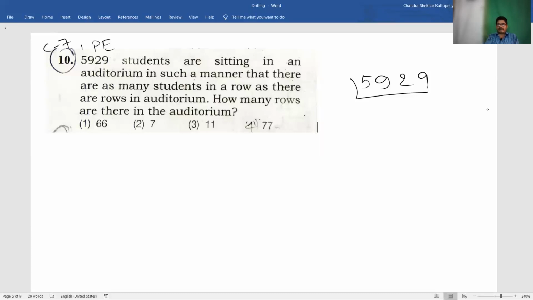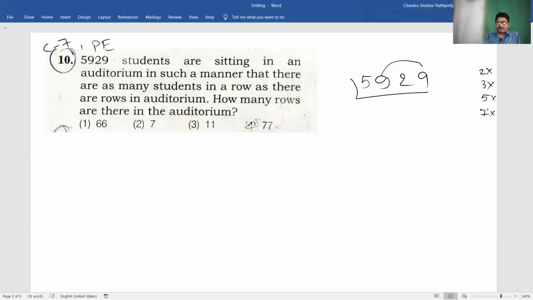This is not divisible by 3. It is not divisible by 2, not by 3, not by 5, not by 7.